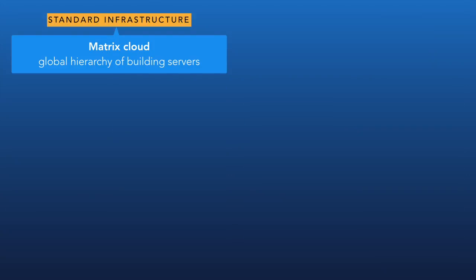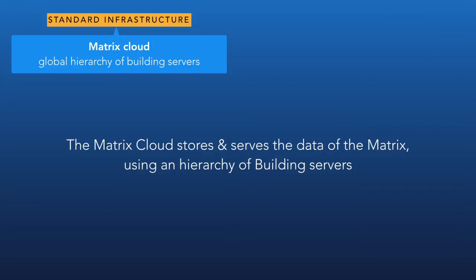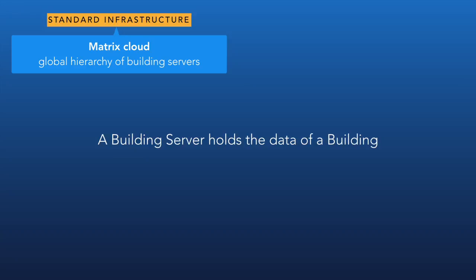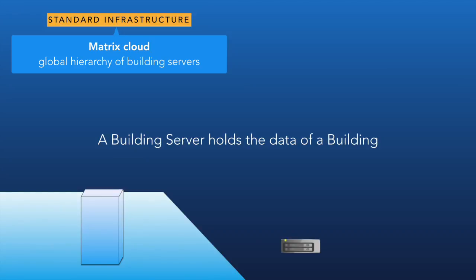So the matrix cloud is used to store and serve the data of the matrix, and it uses a component called building server. So a building server holds the data of a building.